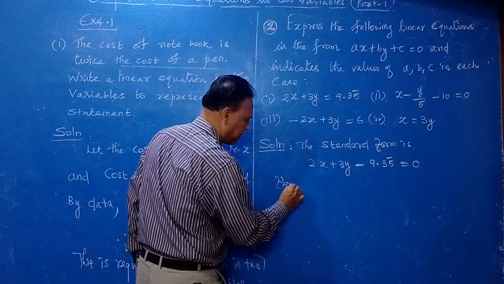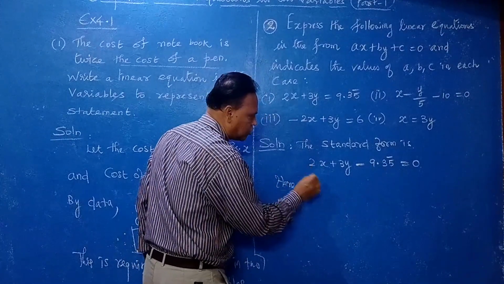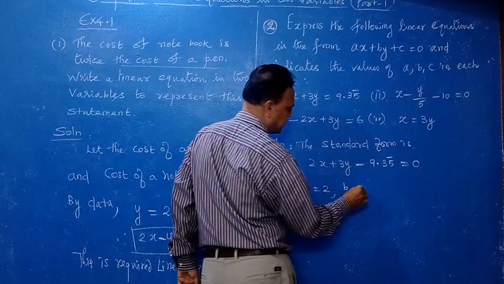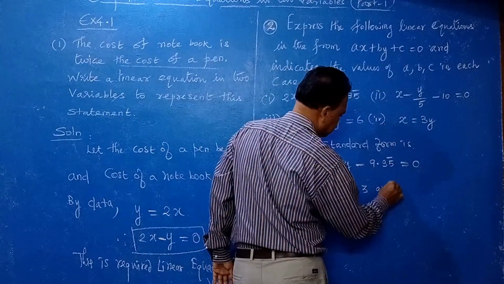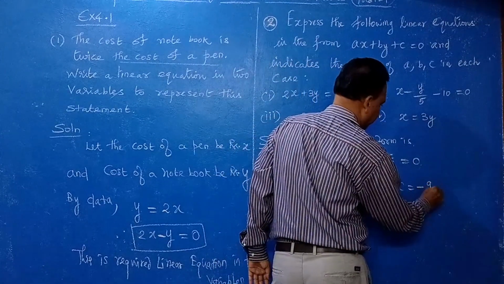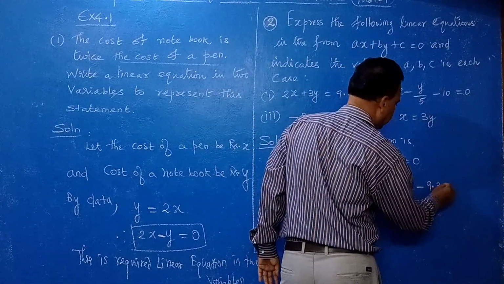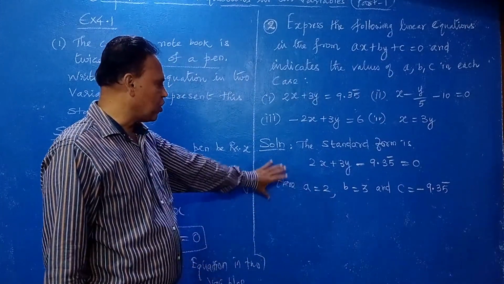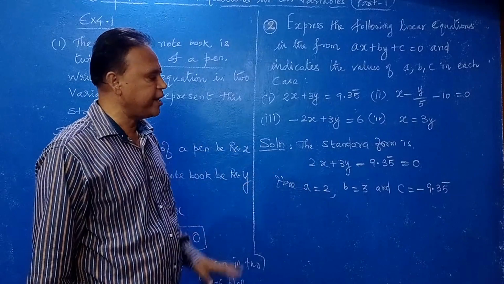Here a is the x coefficient, that is 2. B is the y coefficient, that is 3. And C is the constant term, with sign you have to write, minus 9.35 bar. Okay, so like this you have to write the A, B, C values.